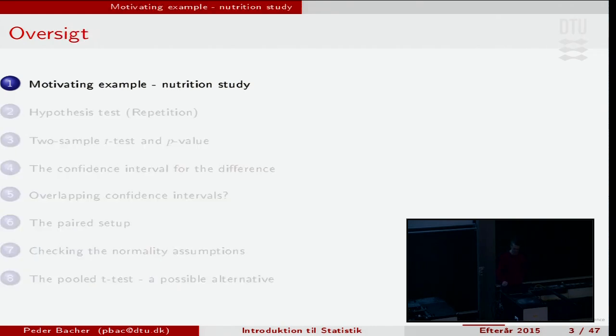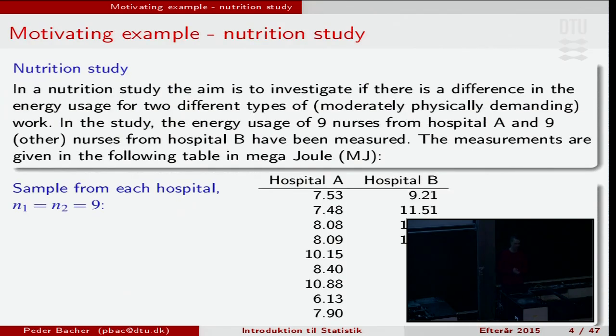All right. So let's see what today, basically, what we can do is illustrated with this example. So let's say we have some nutrition study, and we want to find out whether the nurses in one hospital, we want to find out something about their energy use and compare it with nurses at another hospital.